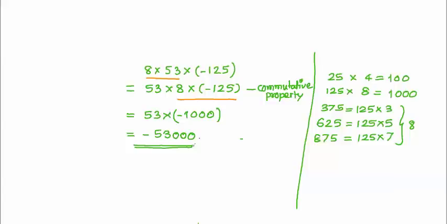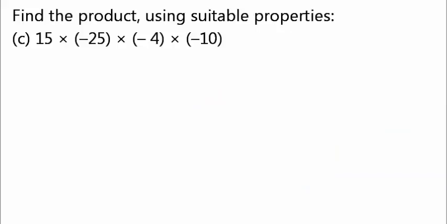Let's solve one more example. 15 multiplied by minus 25 multiplied by minus 4 multiplied by minus 10. Now, as I told you, when you see 25, look out for 4.